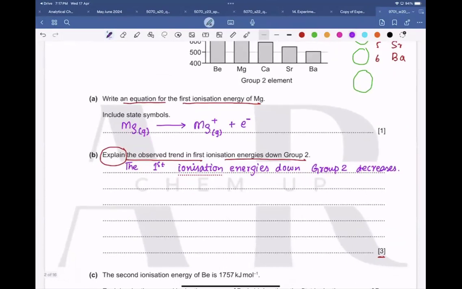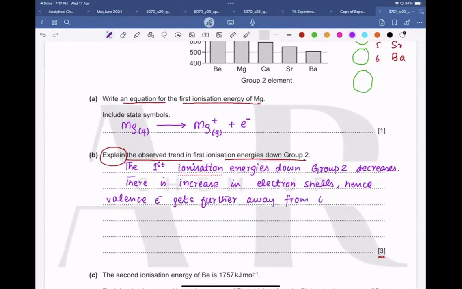So the first point will be there is increase in electron shells, hence valence electron gets further away from the nucleus.